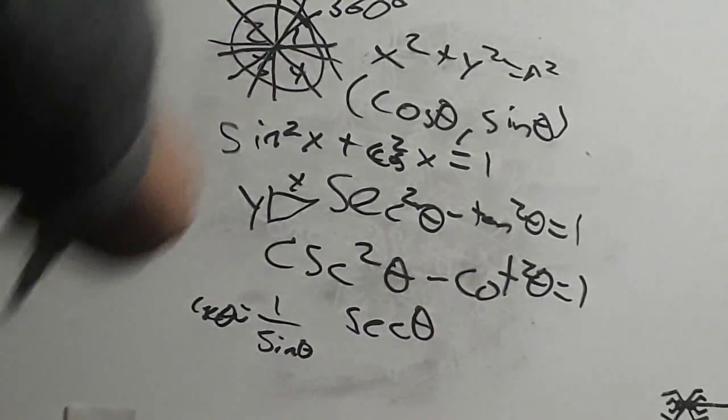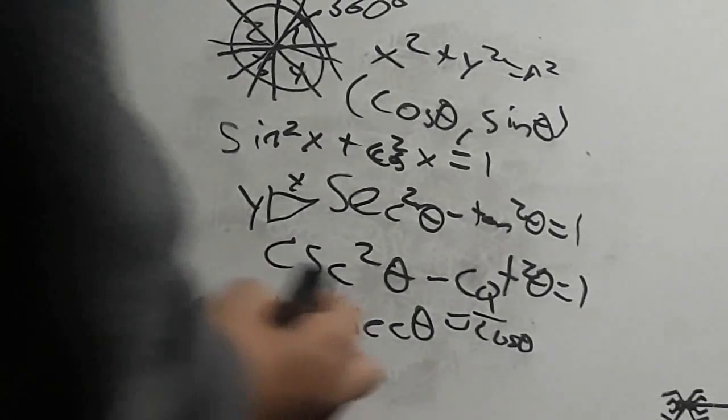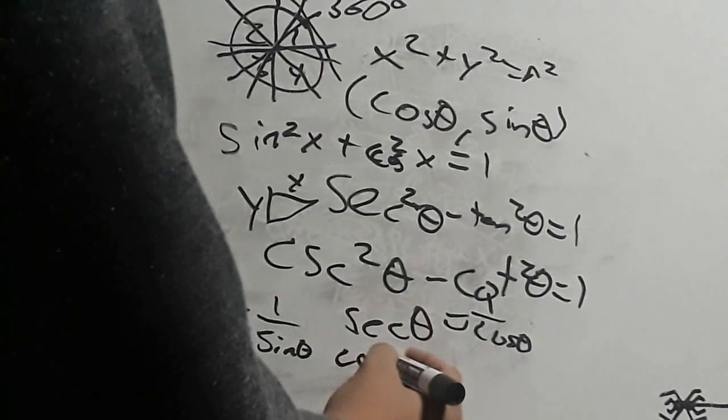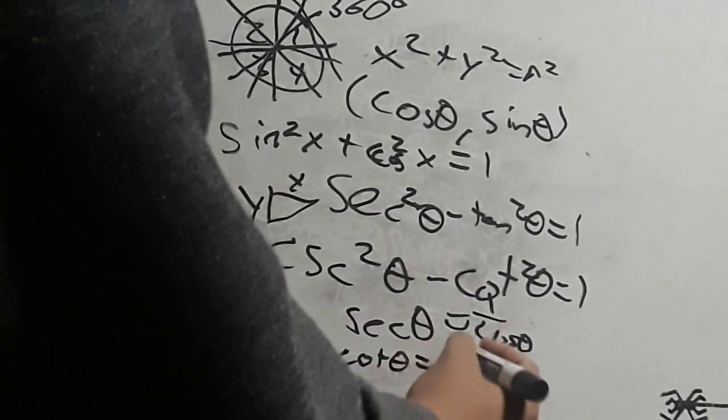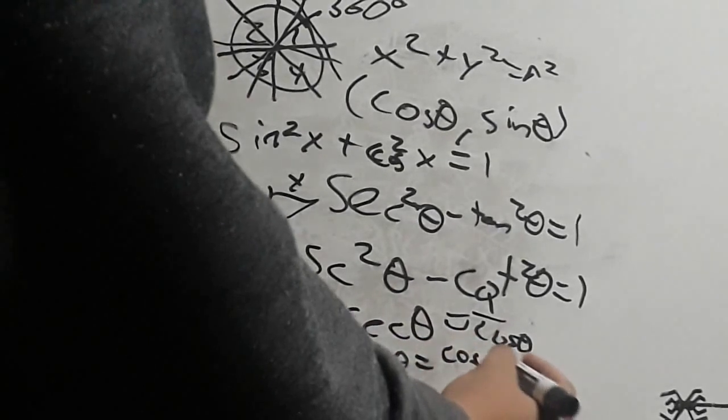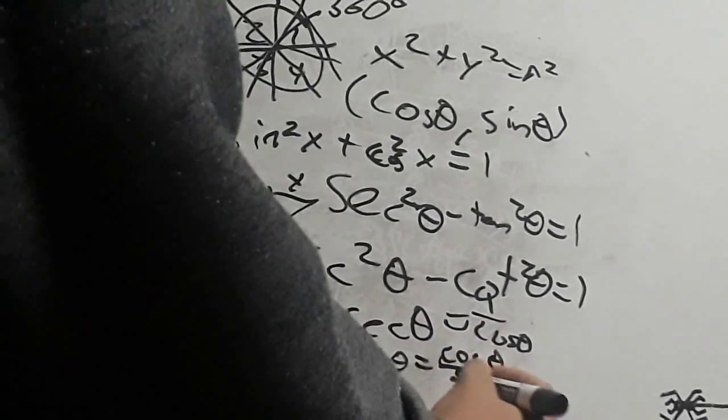This one is just adding a co before the thing. So we have 1 over cosine theta. Then we have cotangent, which is going to be cosine theta over sine theta.